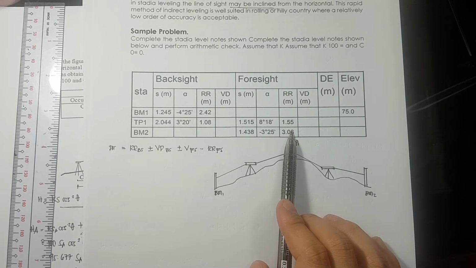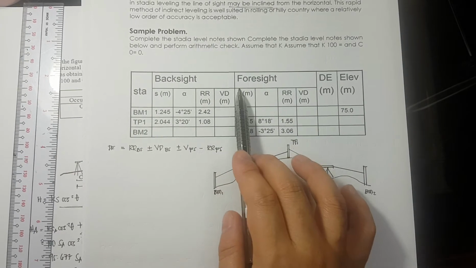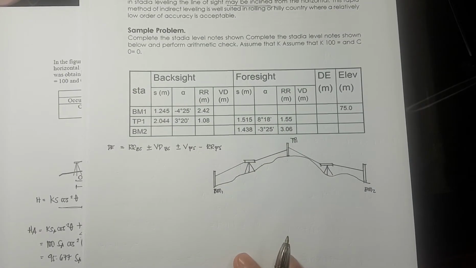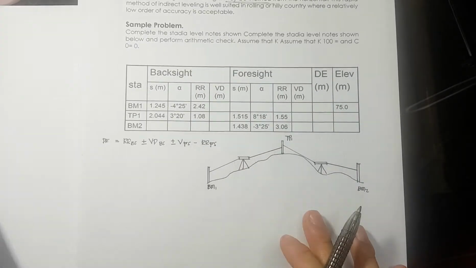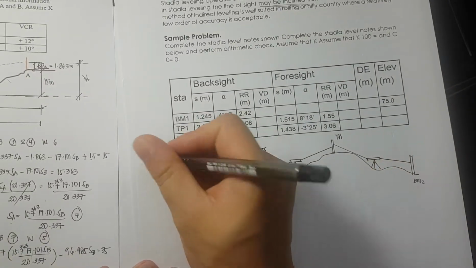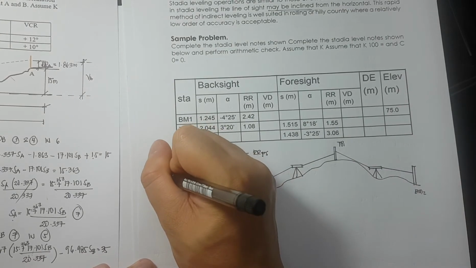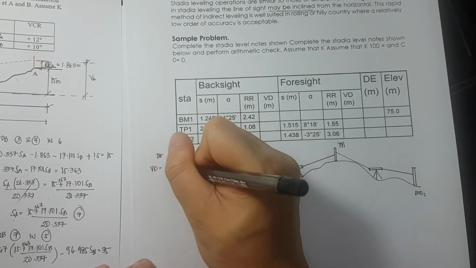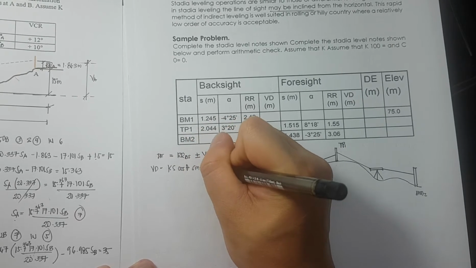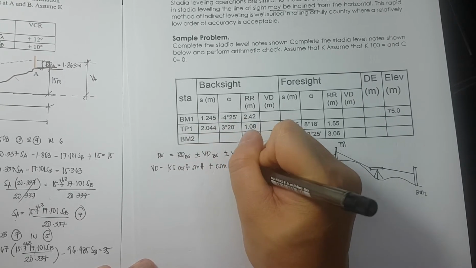So the first thing that we need to do is to determine VD. Okay? So VD here is equivalent to, again, yung ginamit nating equation kanina. VD is equivalent to Ks cosine theta sine theta plus C sine theta.